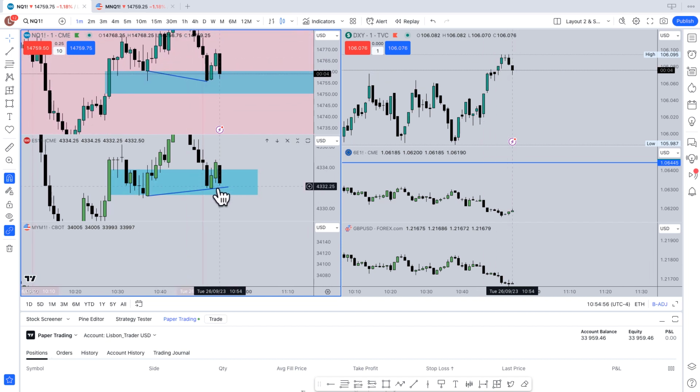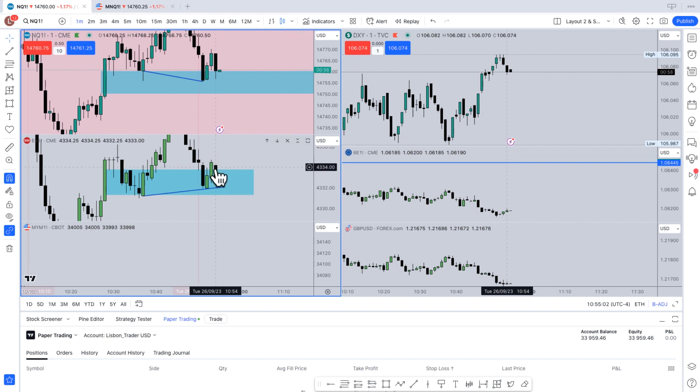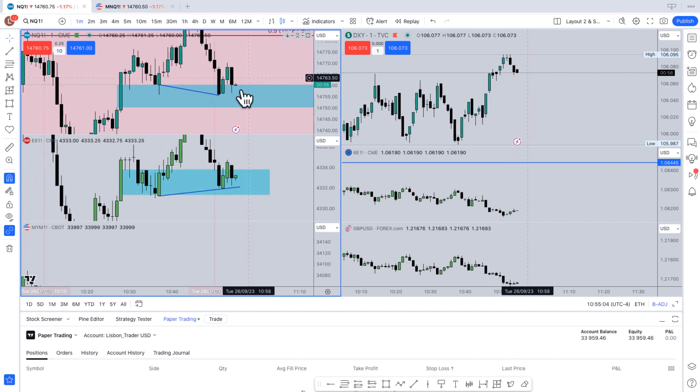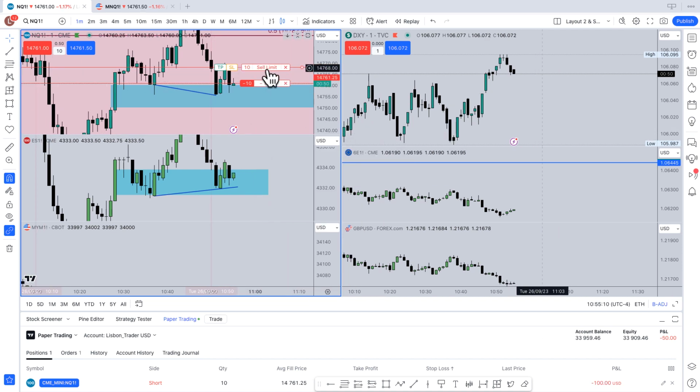Let's wait. No wick is normally indicative for the downside. So let's sell here.